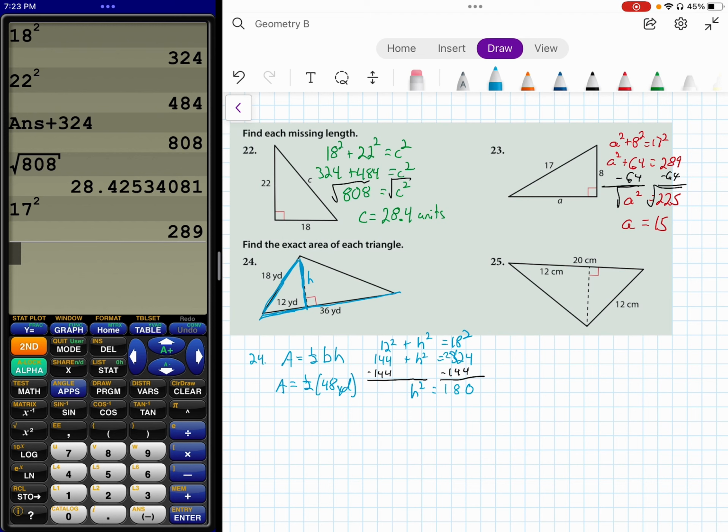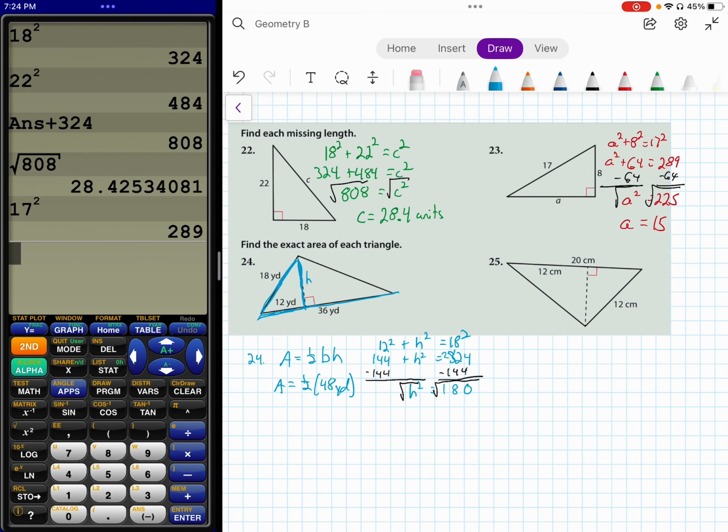Take the square root of that. Now, for those of you who took Algebra 2 already, you should be able to simplify this. If not, we may not have learned how to do this, but square root of 180, what we try to do is we think of perfect squares that go into 180. Perfect squares are 4, because that's 2 squared, 9, because that's 3 squared.